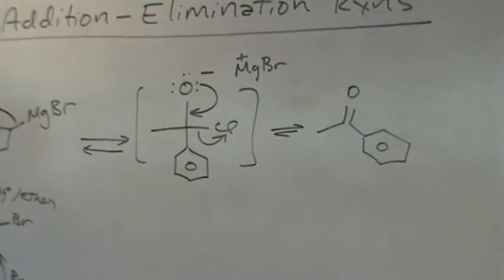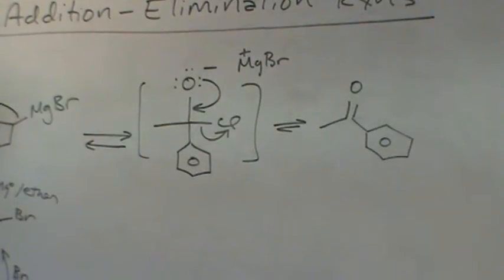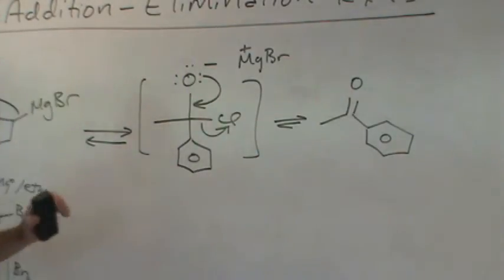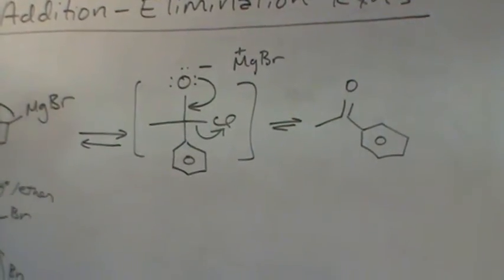Well, you might expect the reaction would end there, and that would be consistent with the other nucleophilic addition elimination reactions we've seen so far, but it probably doesn't end there. Highly unlikely that it would end there. And that's because as this ketone is forming, there's still going to be some of this Grignard reagent around.